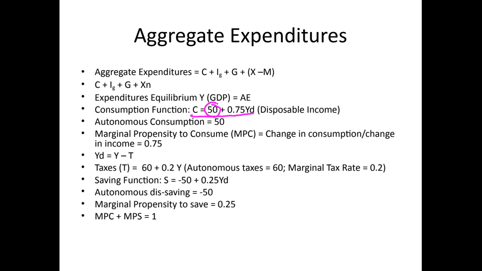Your savings will decrease by $50 million. That is why when your income is zero, your saving is minus 50. Why minus? Because this is dis-saving. Your saving is actually decreasing by $50 million. I mean for the whole country, not individually. I'm not talking about microeconomics here. So that is minus 50.